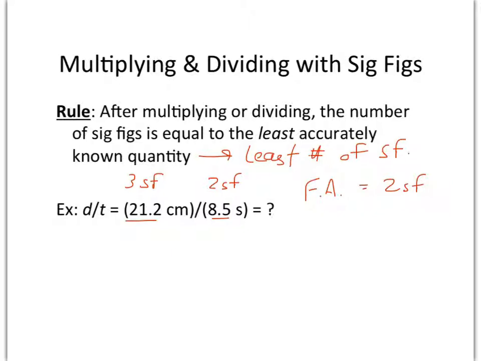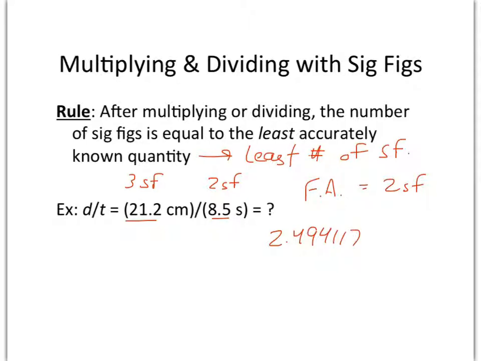All right, let's go ahead and calculate this out, see what we get. 21.2 times 8.5. Oh, no, it's divided by 8.5. I'm sorry. Divided by 8.5. All right, so my calculator turns out 2.49 and then a whole bunch of 411, etc. Okay?